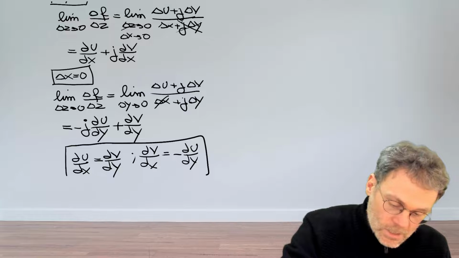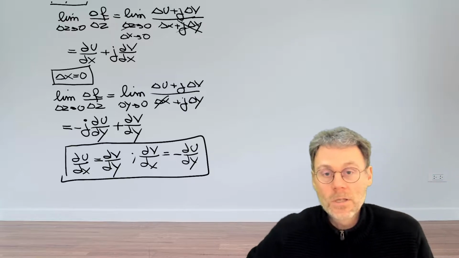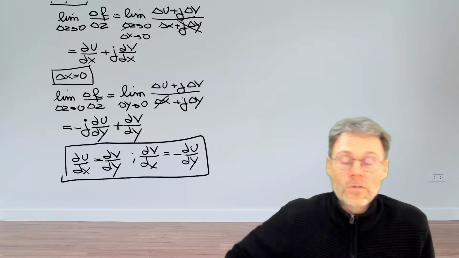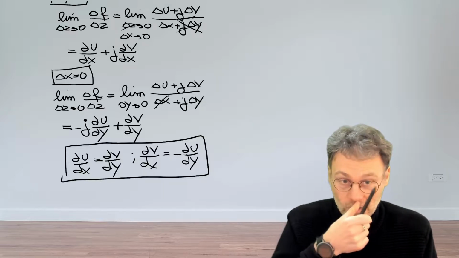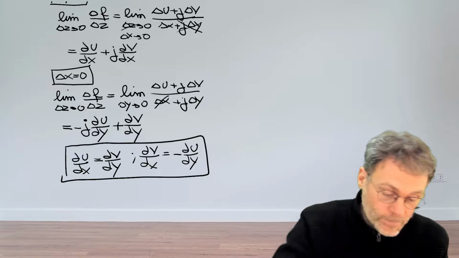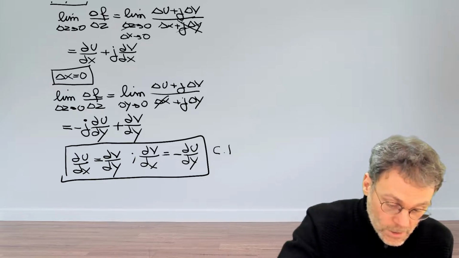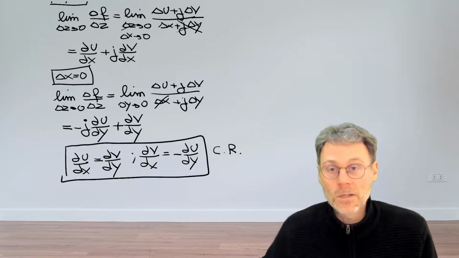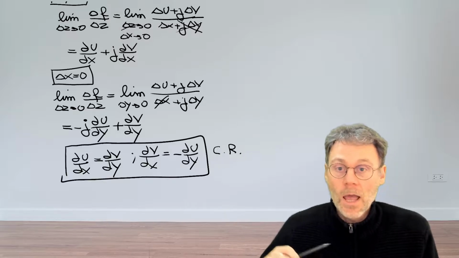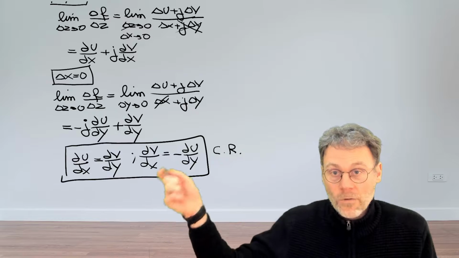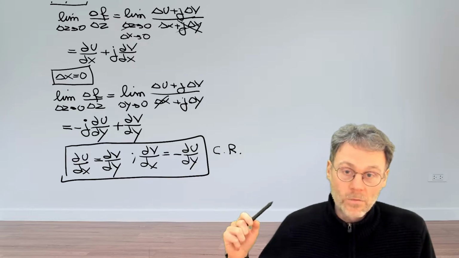So these are necessary conditions for the fact that our function should have a derivative which is independent of direction of approach. These conditions are very important and they're called the Cauchy-Riemann conditions, named after two famous mathematicians. And they guarantee that a function has a well-defined derivative.